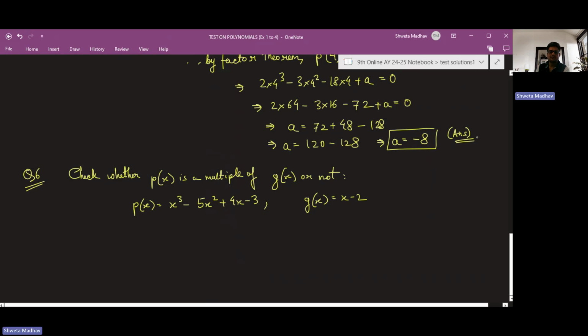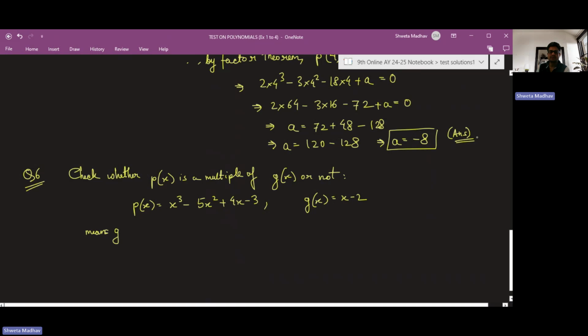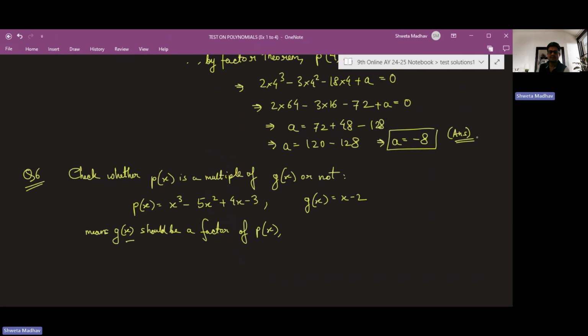So if P of X is a multiple of G of X, it means G of X should be a factor of P of X. And if I use the factor theorem, then if G of X has to be a factor of P of X, then P of 2 should be equal to 0.